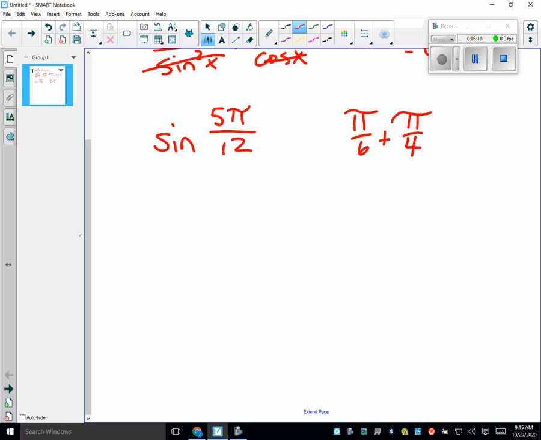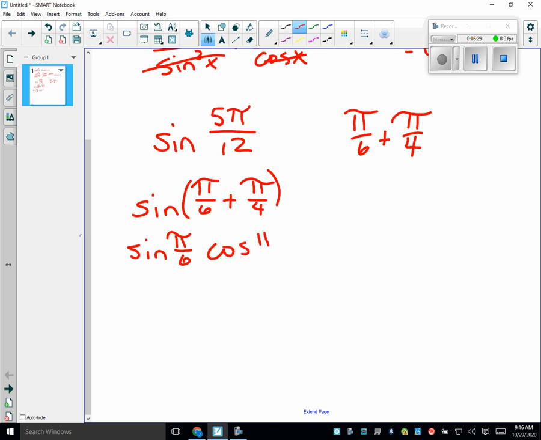So I have sine of pi over 6 plus pi over 4. What's the formula? Sine of pi over 6 cosine pi over 4 plus cosine pi over 6 sine pi over 4.